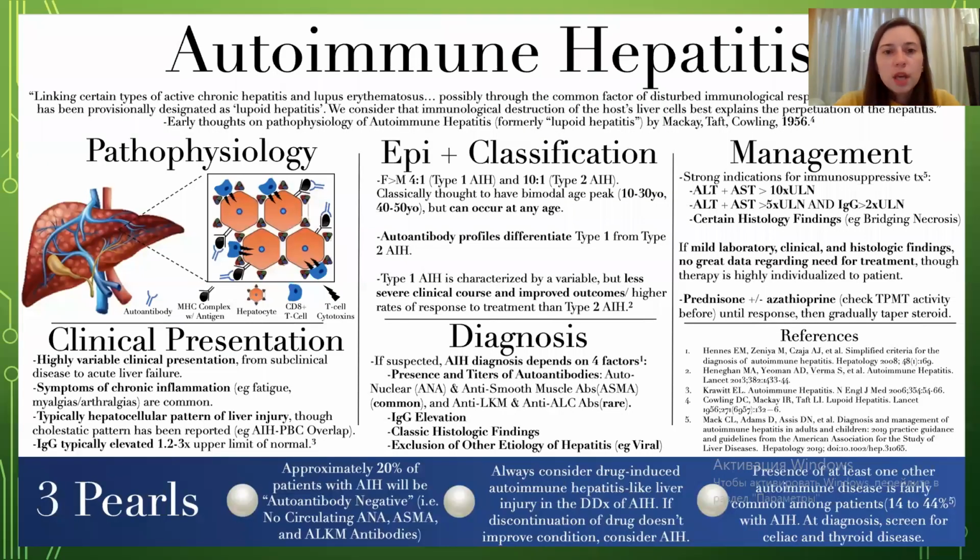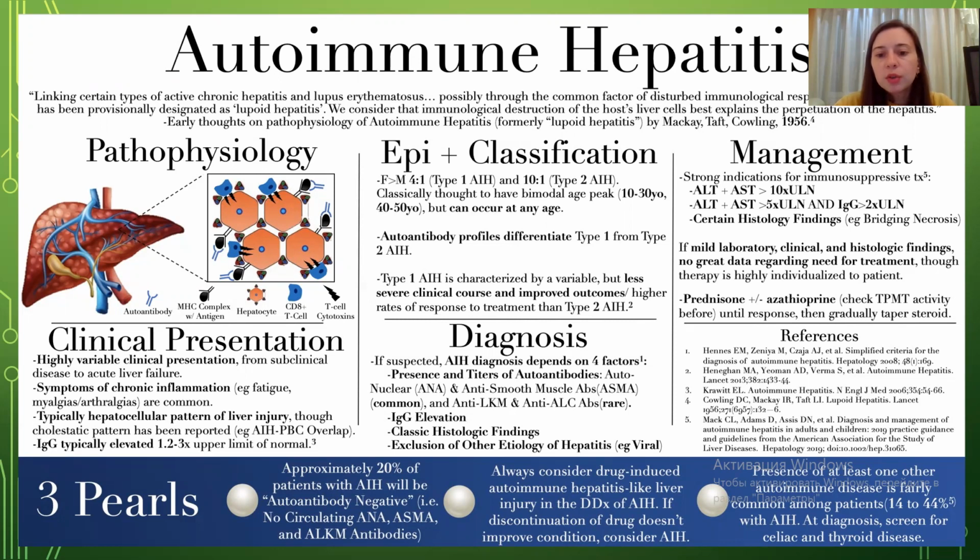And some words about autoimmune hepatitis and 3 pearls for this variant of hepatitis. Approximately 20% of patients with autoimmune hepatitis will be antibody negative. Always consider drug-induced autoimmune hepatitis-like liver injury in the differential diagnosis of autoimmune hepatitis.